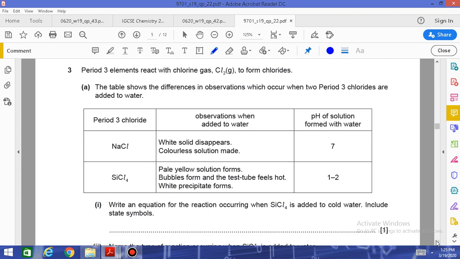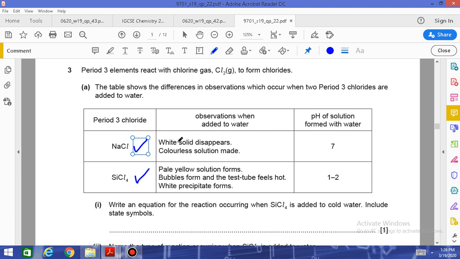Next, number 3. Period 3 elements react with chlorine gas Cl2 to form chlorides. The table shows the differences in observations which occur when two period 3 chlorides, sodium chloride and silicon tetrachloride, are added to water separately.